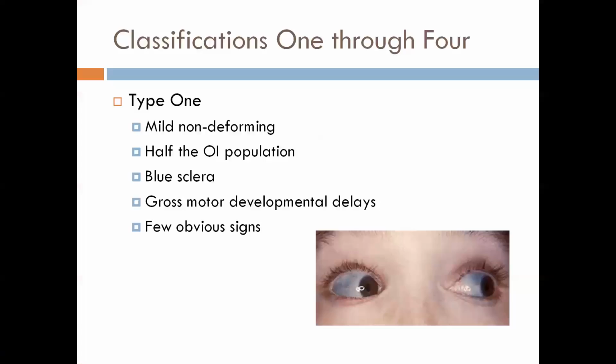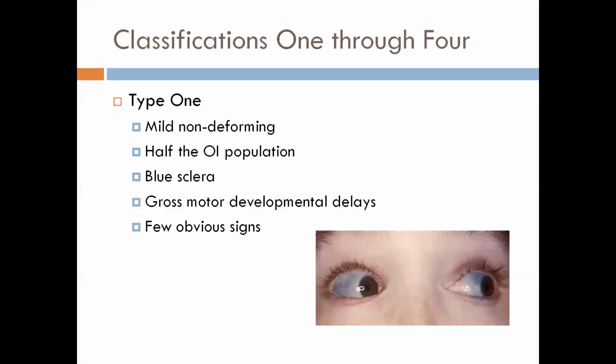And then types 7 and 8, while their cause is different, they almost mimic the features of types 1 through 4, so it gets very repetitive. So I'm covering 1 through 4 again because it's the majority of the diagnoses, but it also covers pretty much all of the features that you see throughout osteogenesis imperfecta.